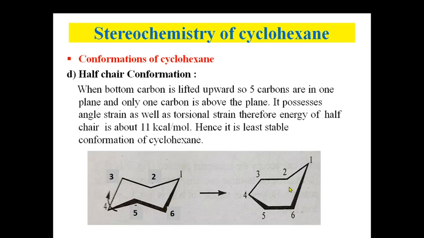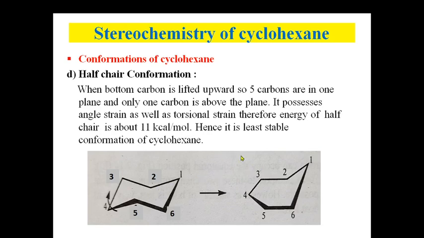So here it is, 2, 3, 4, 5, 6 are present in one plane and only one carbon is above the plane. So this conformation possesses angle strain as well as torsional strain, and therefore the energy of this conformation is very high. It's about 11 kilocalorie per mole, and hence this is the least stable conformation of cyclohexane.